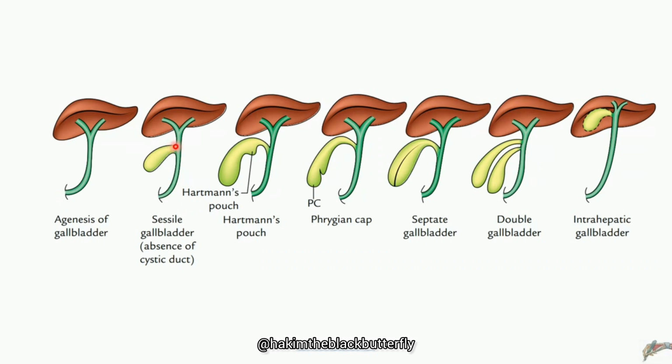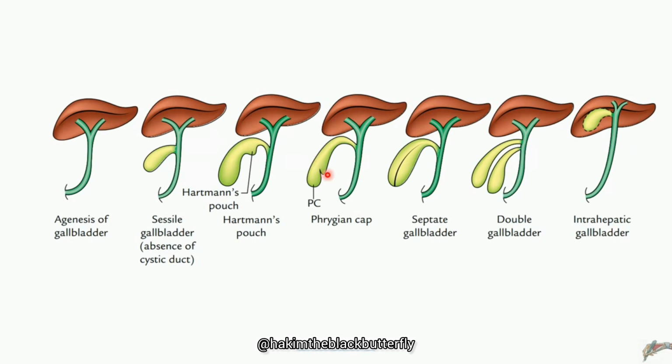Then there is Hartmann's pouch. We said it's just an anatomical variation. We may not see it as a congenital abnormality. It's just a variation that is present in different individuals, and it predisposes to stone collection within the gallbladder. Okay, we talked about this already. Then this other variation is the Phrygian cap, which is the infolding of the fundus of the gallbladder.